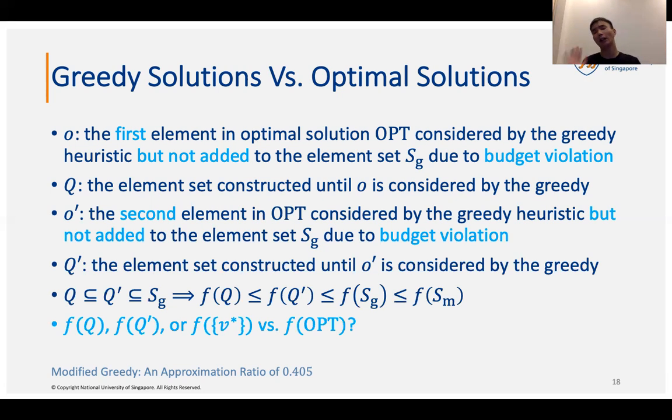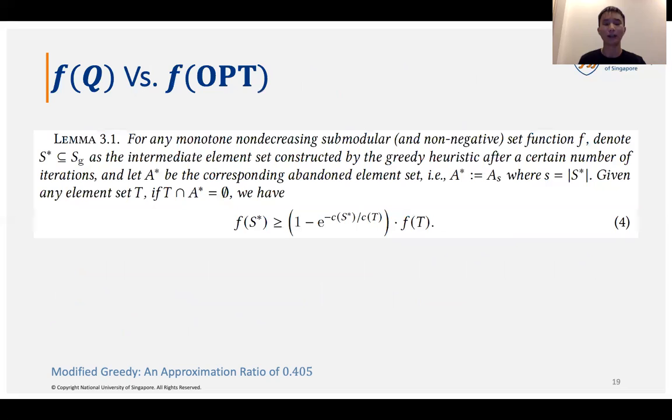The third candidate we want to consider is V star. As I mentioned, another candidate set is V star. So we also want to compare f(V star) with f(OPT). For f(Q) and OPT, we use this relationship.